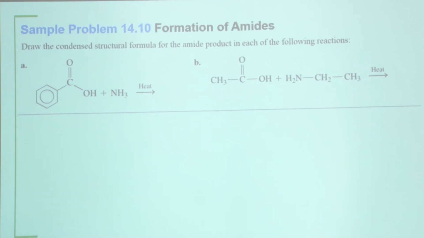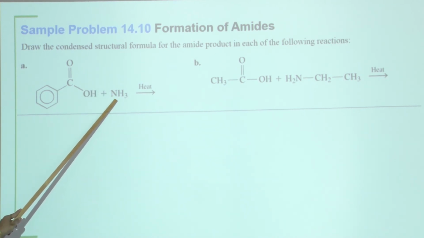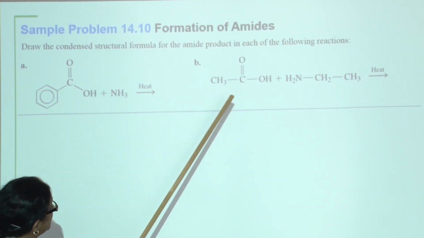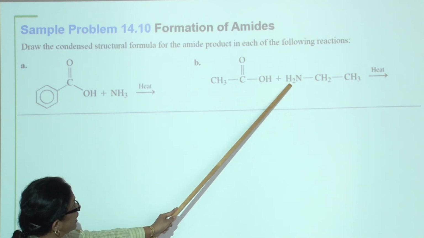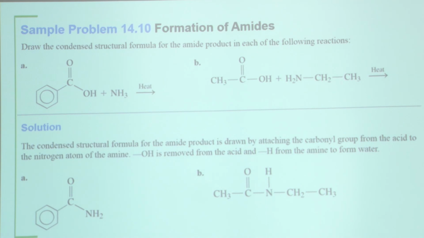Now draw the condensed structural formula for the amide product. So this is amidation we are looking at. Replace the OH with the amino group. Amidation is formation of an amide.